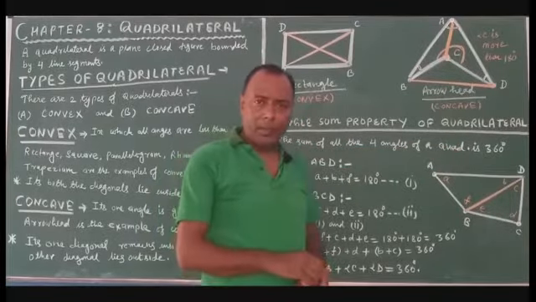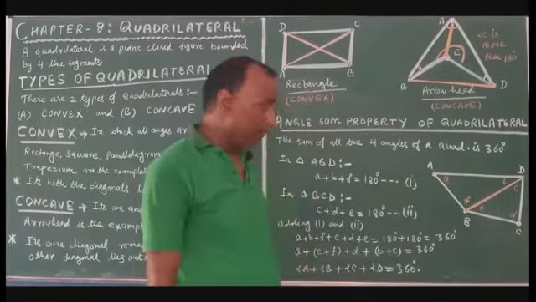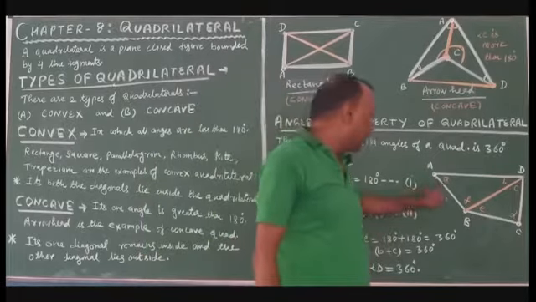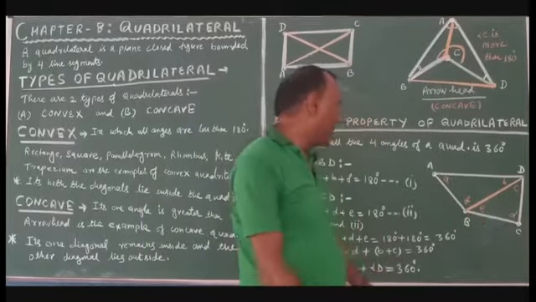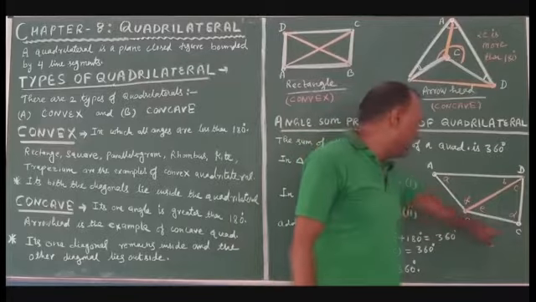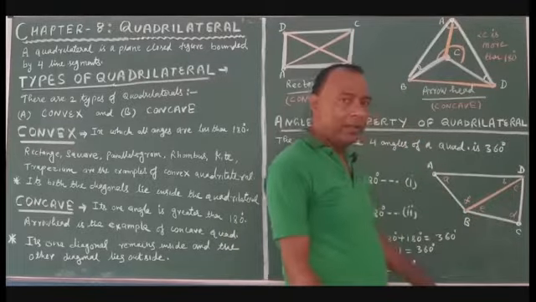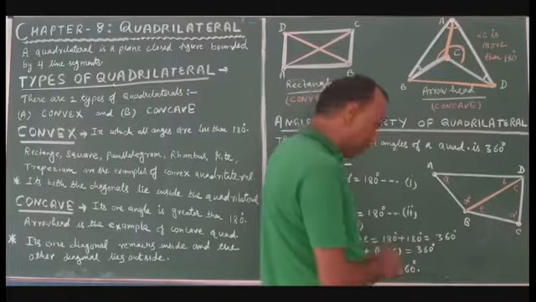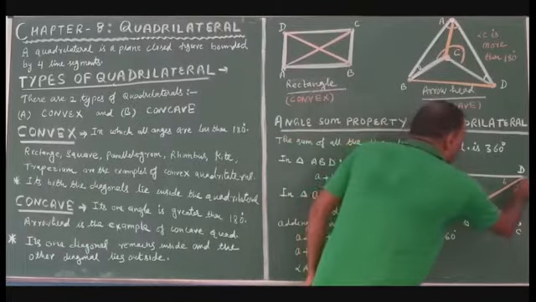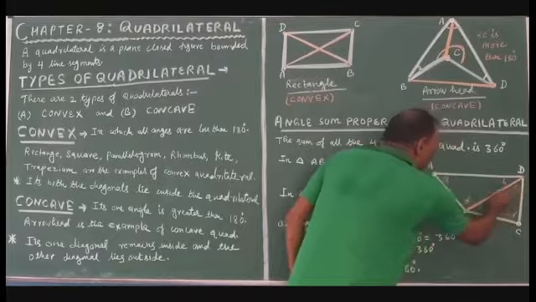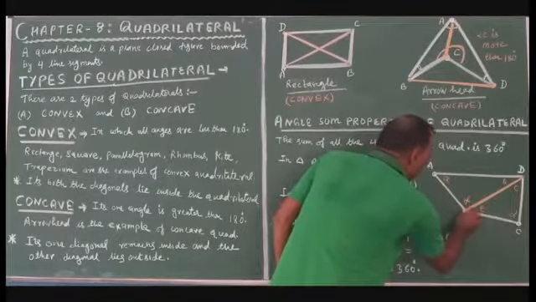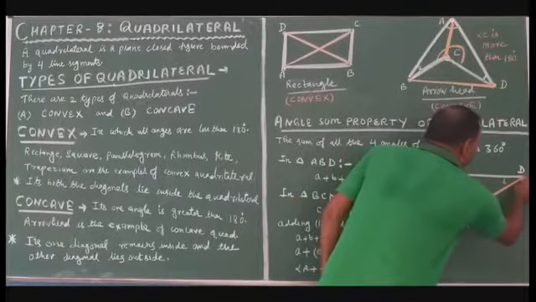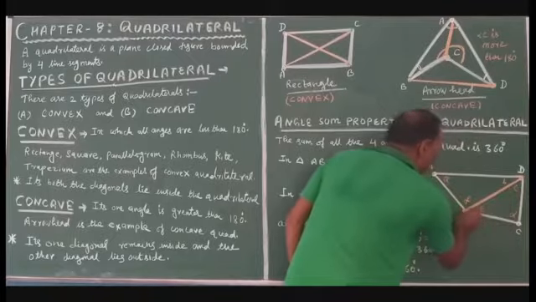Now, how can we prove that? For this, let us consider this quadrilateral ABCD. Join one of its diagonals. If we join these 2 points, B and D, we get the diagonal BD.